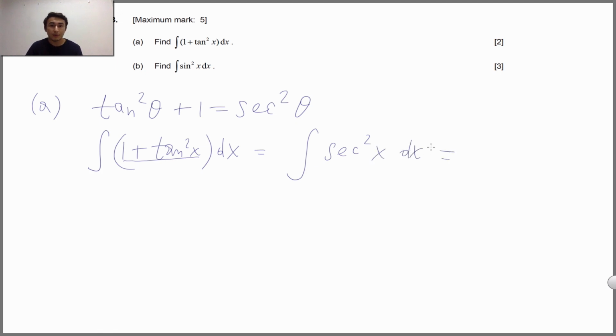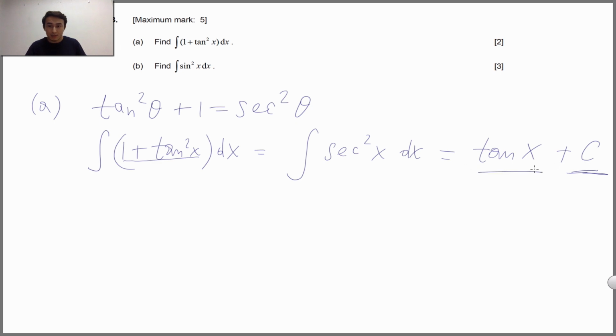From your booklet, you can have a look, the integral of secant squared will be tangent x plus constant. Never forget this constant. If you forget this constant, you'll be deducted marks. So tangent x plus c.